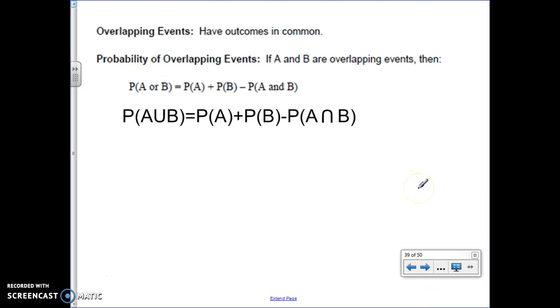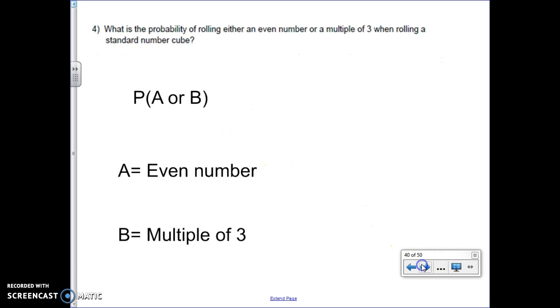Alright, so overlapping events. These are not mutually exclusive. They are not disjoint. There is an intersection between the two events happening at the same time. This is the notation that you have in your notes, and that you will see in your book too. What is the probability of rolling either an even number or a multiple of 3 when rolling a standard number cube?